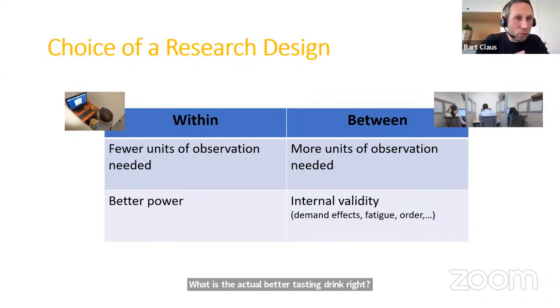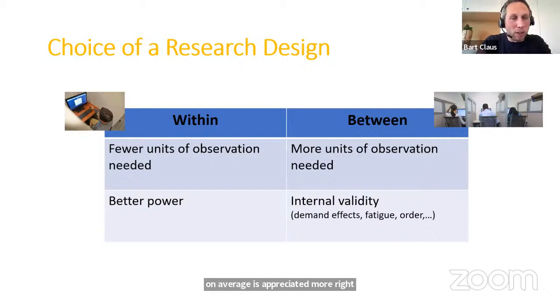And for that research question, you might as well compare between different people, right? So you might give Coke to 100 participants and then Pepsi to 100 different participants, right? And a conclusion can be made about which drink on average is appreciated more, right?